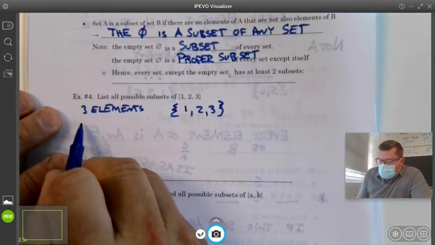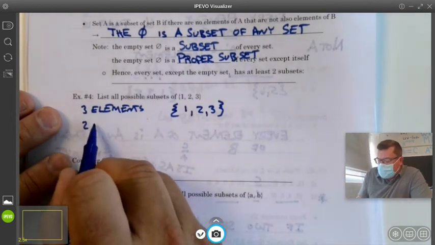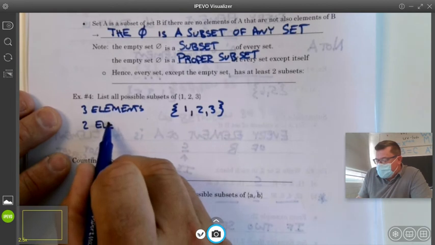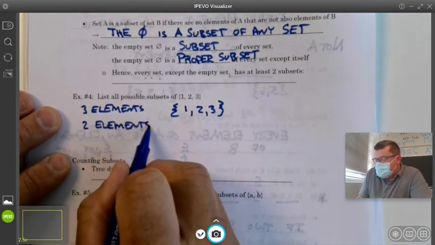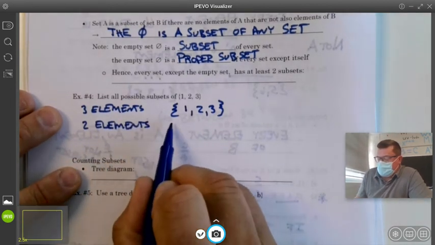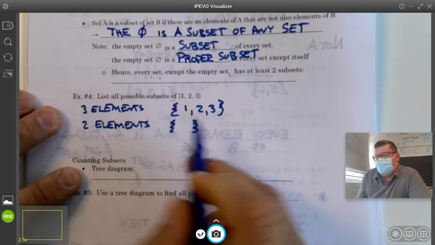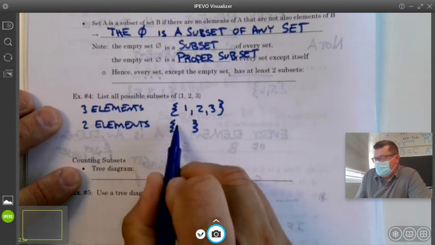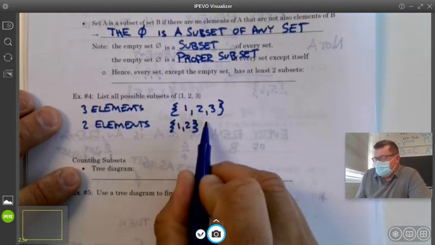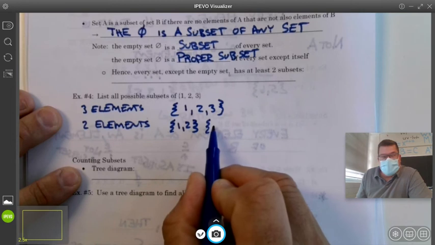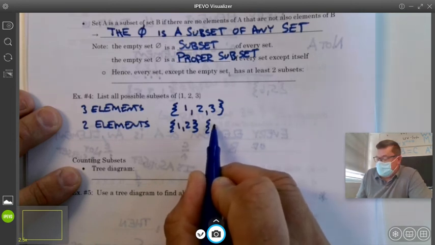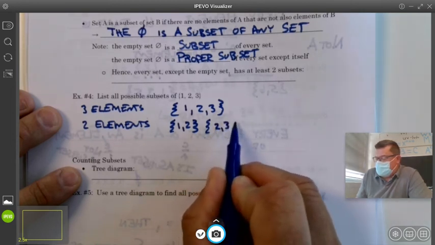How about we list all the subsets that have 2 terms or 2 elements? Michaela, what would one of the subsets be that has 2 elements in it? 1, 2? What's another one, Josh? 2, 3.